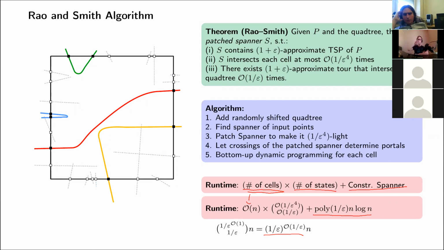I have a quick question about the construction of the spanner. Does the construction use the fact that you are working in a complete Euclidean graph, or would it work on any planar graph with edge weights? It uses it. Okay. Do you know if there are any constructions of such spanners for any planar graphs?